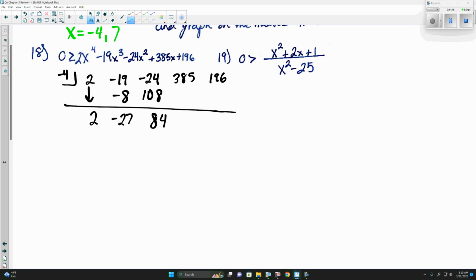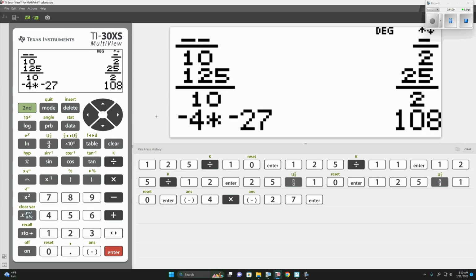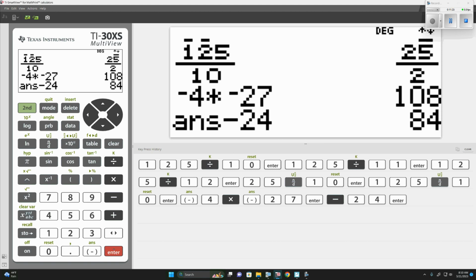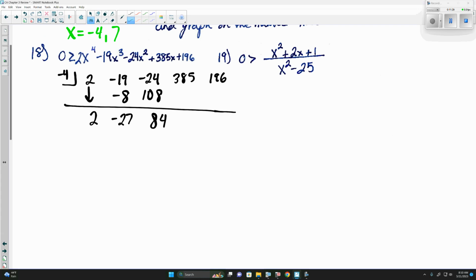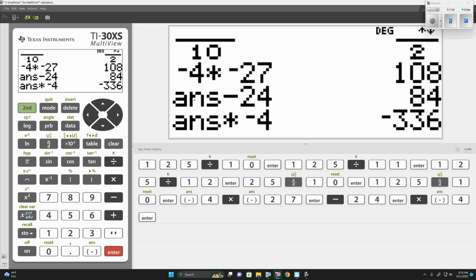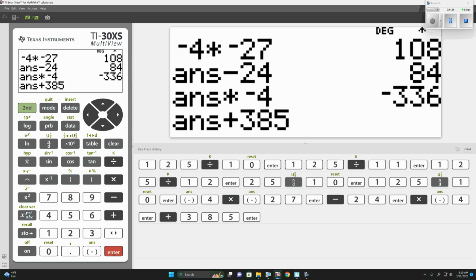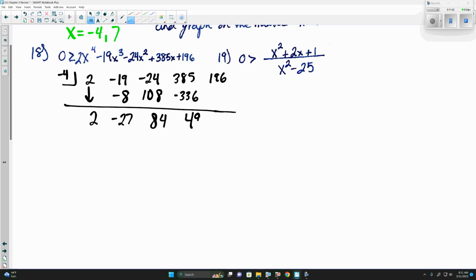-4 times 84 is -336. And we can add 385 to it and get 49. Now, can anybody quickly do what -4 times 49 is?